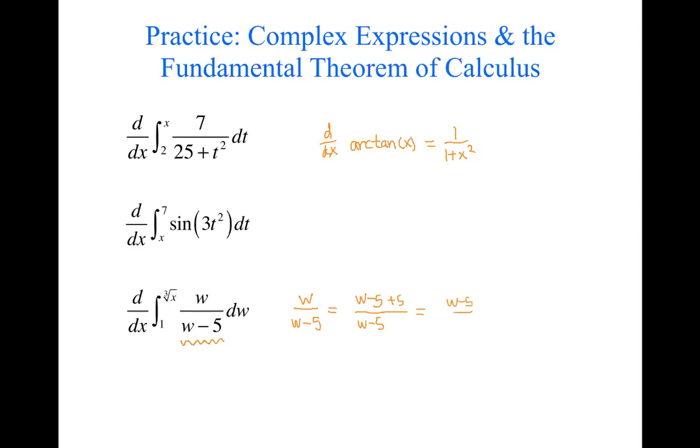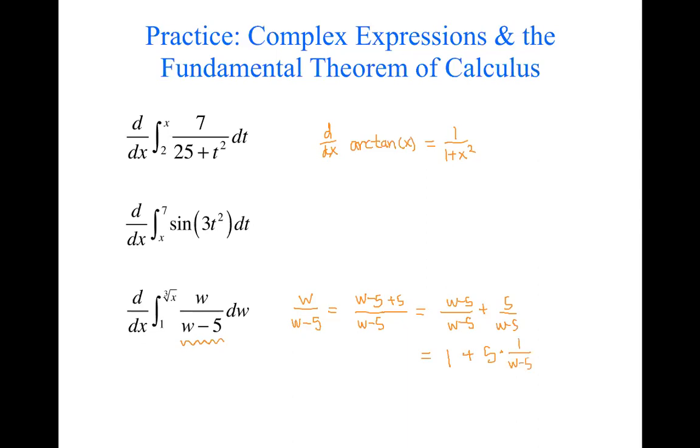So by adding and subtracting a 5 out of this, I get something that's equivalent to 1 plus this, which, although this still isn't great, it's pretty close to a natural log expression.